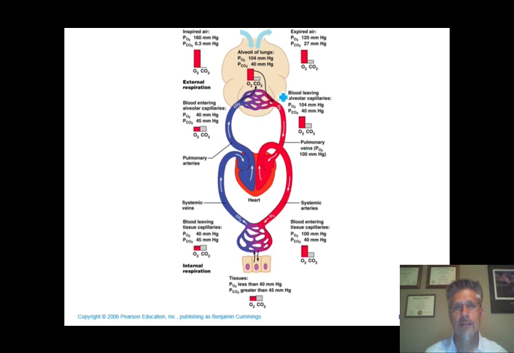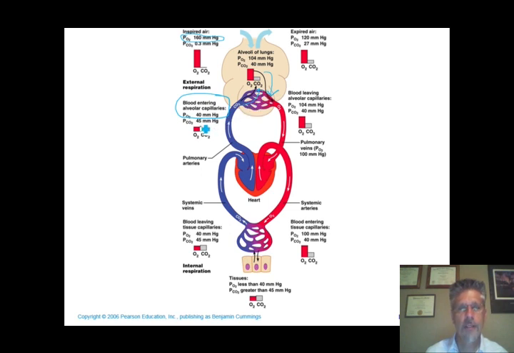So wherever these things are higher concentrated, for instance, the partial pressure or concentration of oxygen in the inspired air is pretty high, especially when we compare it to the blood coming to the alveolar capillaries, where we see its concentration is much, much lower. So according to that, we're going to get a movement of oxygen into the capillaries, and we're going to get carbon dioxide moving out of the capillaries.